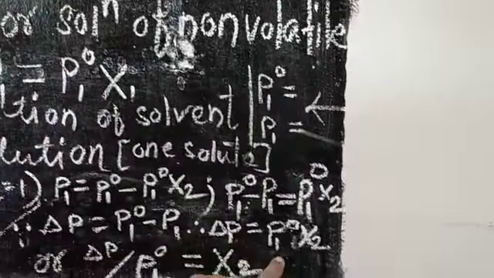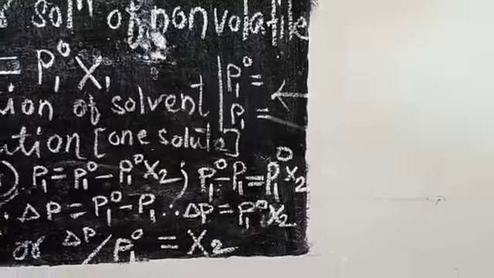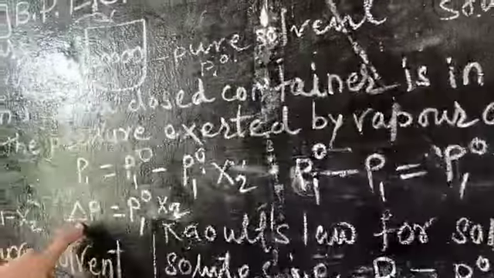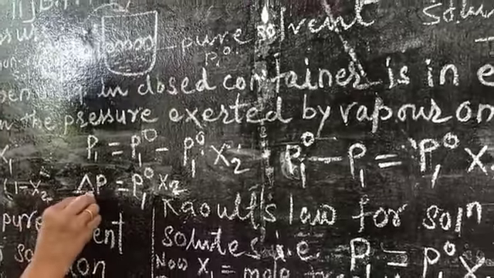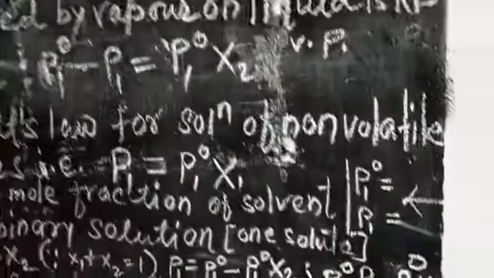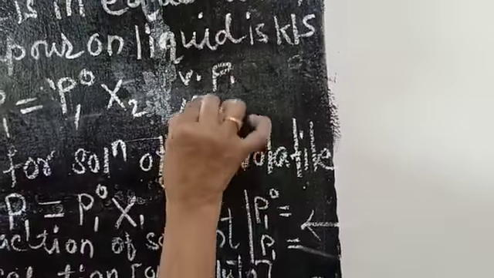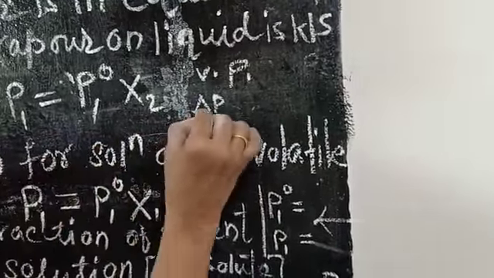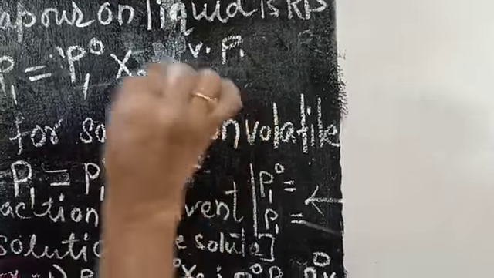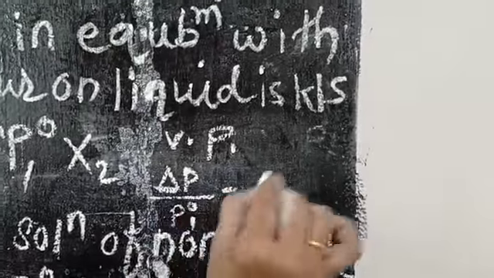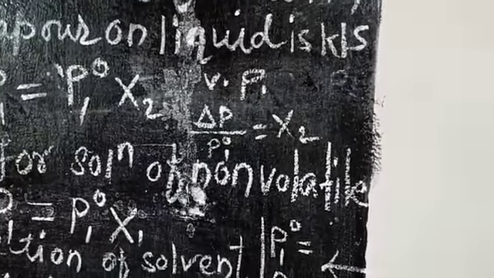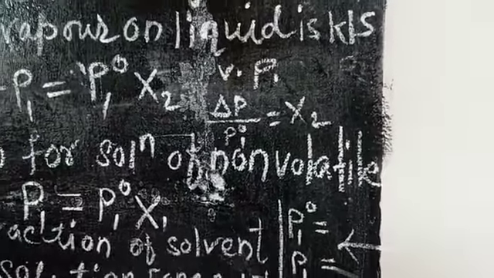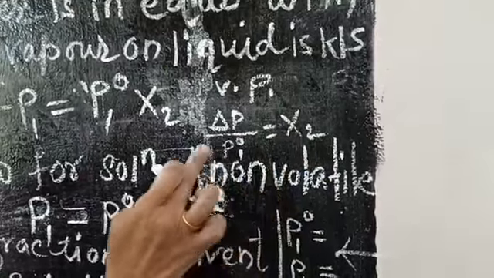Therefore, delta P is equal to P01 into X2. Or you can write this equation as delta P upon P01 is equal to X2.